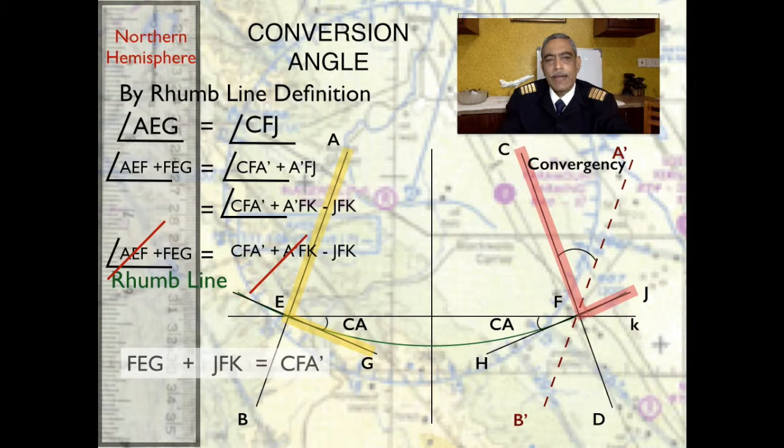Therefore, we get angle FEG plus angle JFK is equal to CFA dash. Since we have transferred the minus angle JFK from the right hand side to the left hand side, which works out both to be conversion angles. So twice conversion angle works out to half convergency.